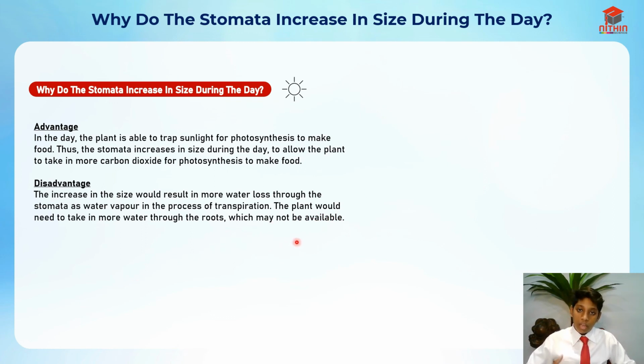And sometimes that water will not be available because maybe it didn't rain for very long already, and maybe there's very limited water because there are many plants around the area which are fighting for water. Okay, so there's competition. So this is a disadvantage. Now I hope you understand this question, the answer. Now let's move on to the next question.